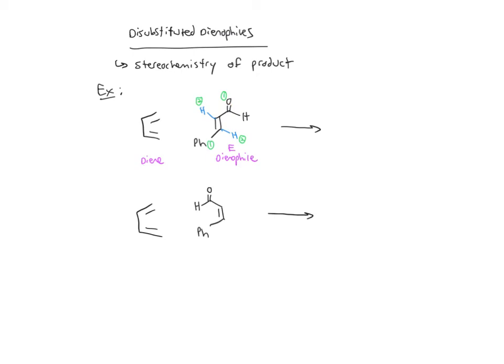And then if we draw our reaction out, we're going to see that those groups are going to be on opposite sides of that ring. How we're going to do that once we make those carbons sp3 hybridized throughout the course of the reaction is we're actually going to have to show wedges and dashes.